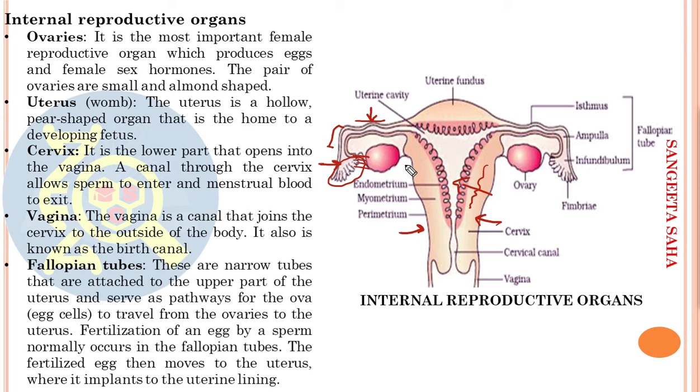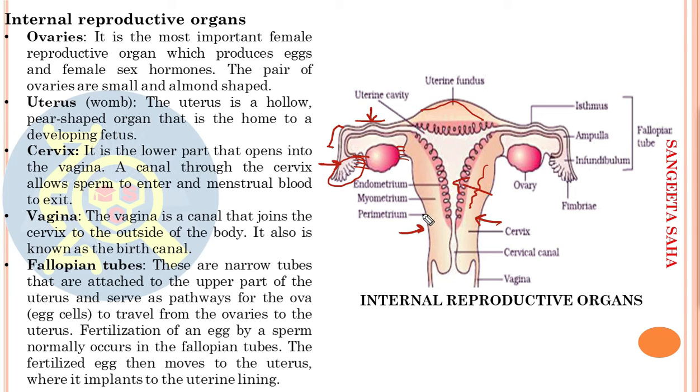Now, this ovary is also attached to the uterus by another mesentery, which is known as the ovarian ligament. So this ovarian ligament helps the ovary attach to the uterus. The upper part of the uterus here is the fundus.